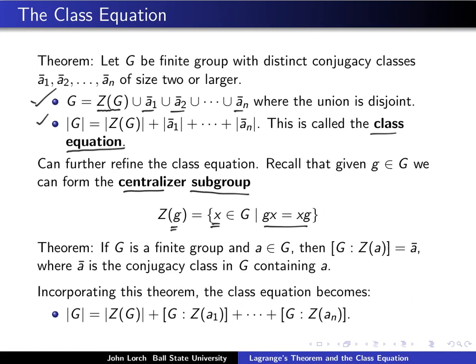And it turns out there's this theorem that says that the number of cosets of a given centralizer subgroup in the group G is equal to the number of elements, there should be bars around this, in the conjugacy class determined by A.